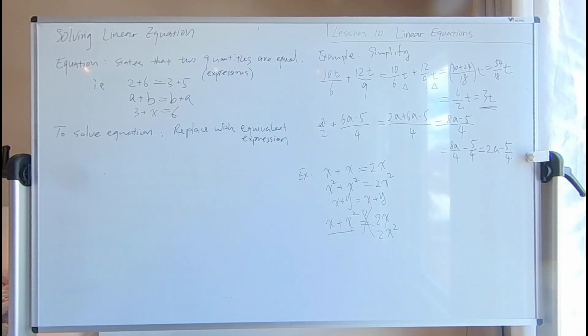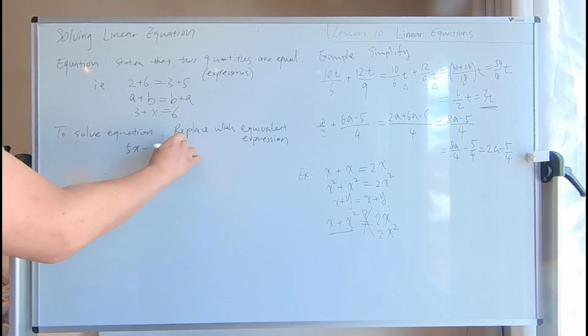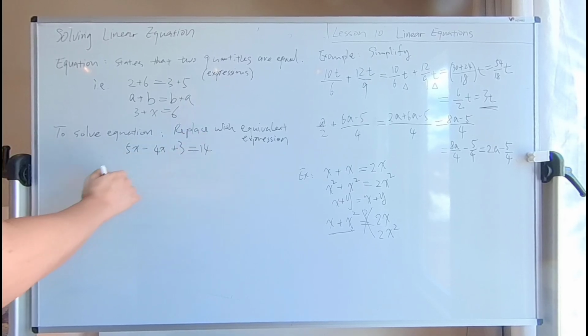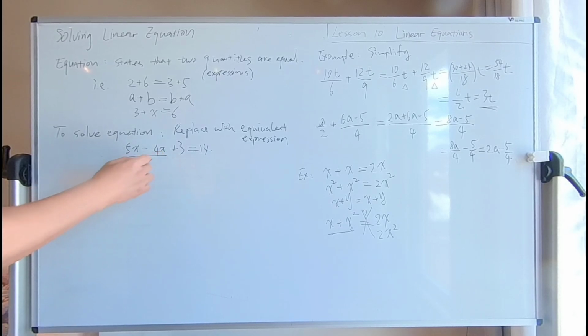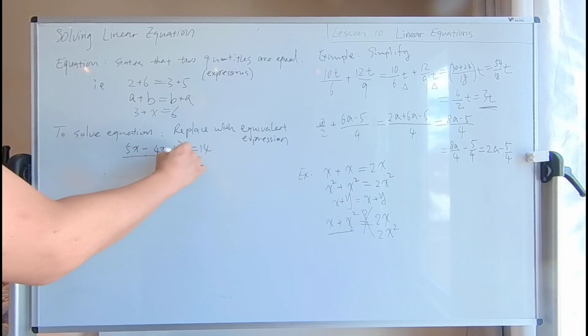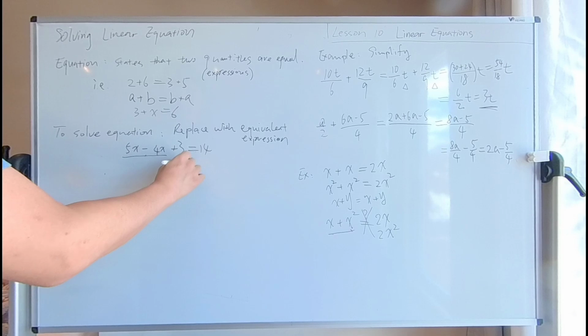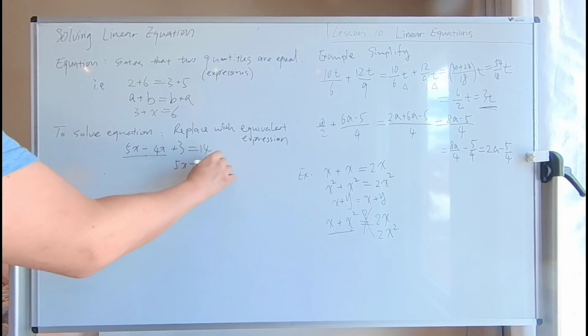So what do I mean by replacing with equivalent expressions? It is actually just similar to what we learned about simplification. So for example, if I give you an equation 5x minus 4x plus 3 is 14, before trying to solve this, I can simplify this term, right? I can do this because I know 5x minus 4x equals x.